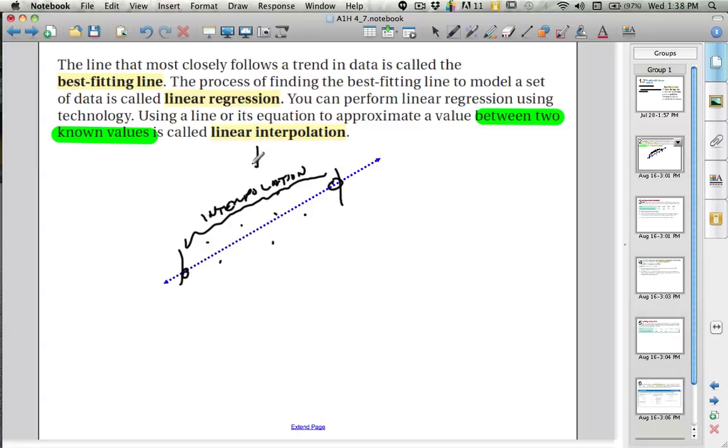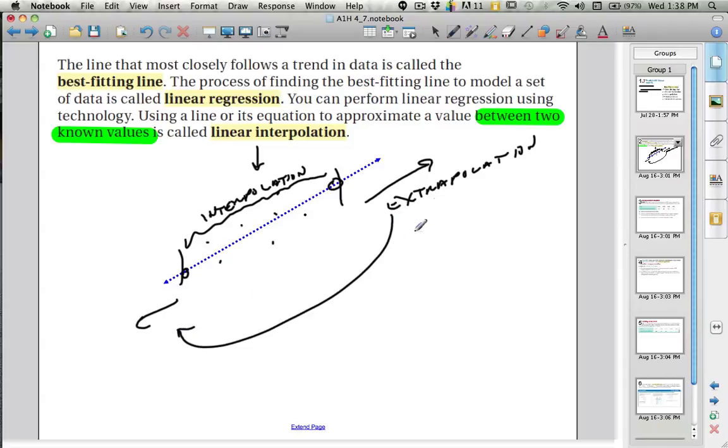It's rather predictable. I'm looking between things that are known, and I'm trying to make decisions here. Now, if I look out here and I'm beyond my known values, what we're talking about is called extrapolation. In the ways I'm most familiar with, extrapolation is done a little bit more than interpolation, just because I tend to think about business models a lot.